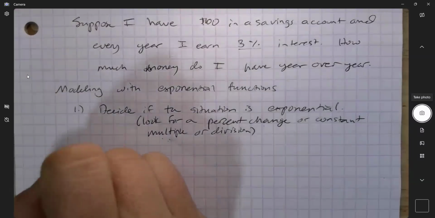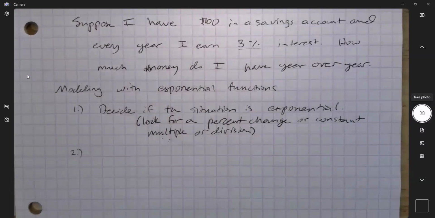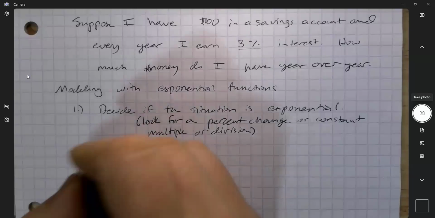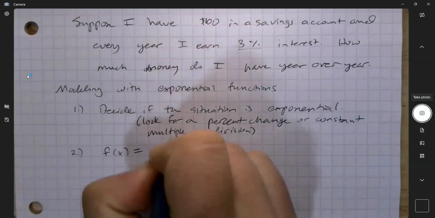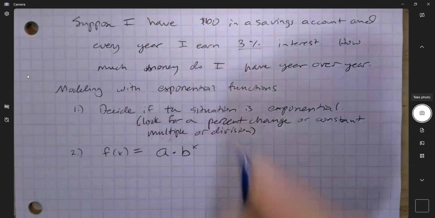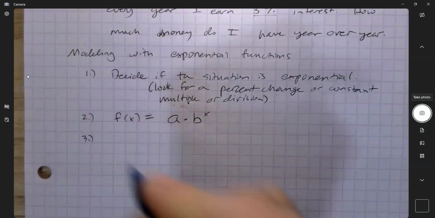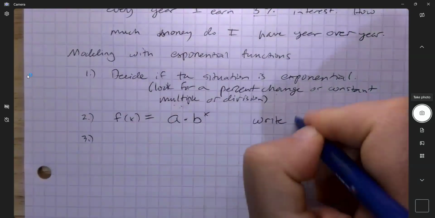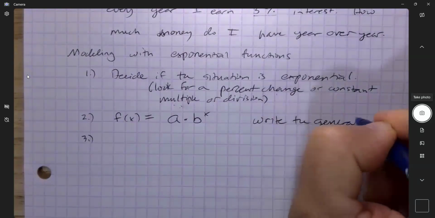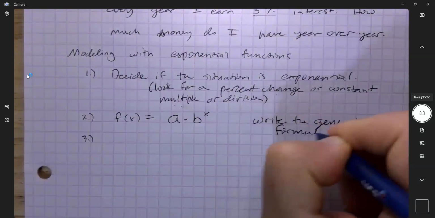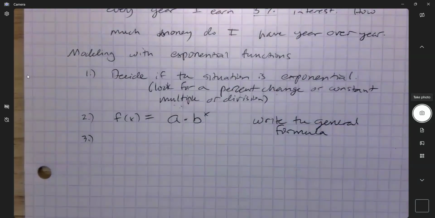And then just write down what your exponential function looks like without worrying about any of the details. I know an exponential function should look like a times b to the x. So write the general formula. This is actually a strategy for modeling with math in general.